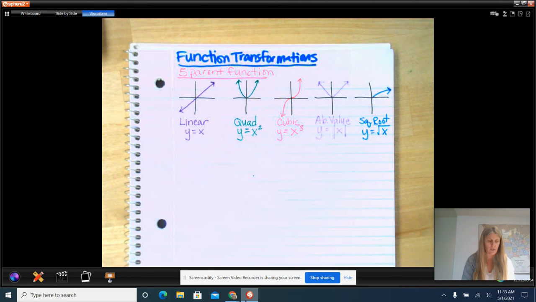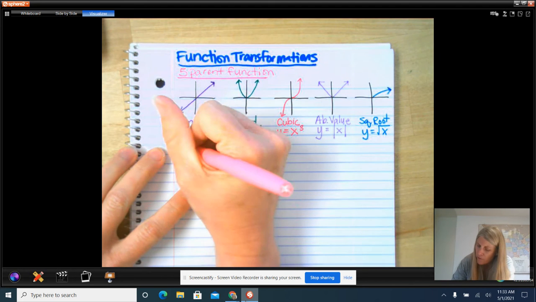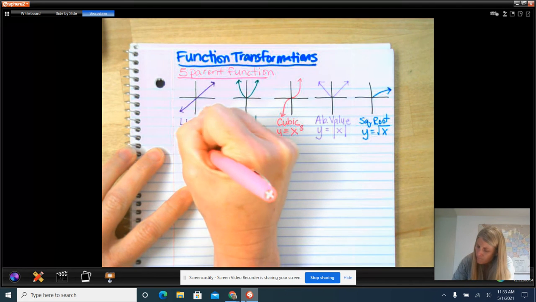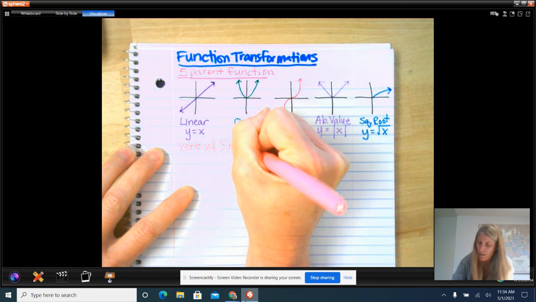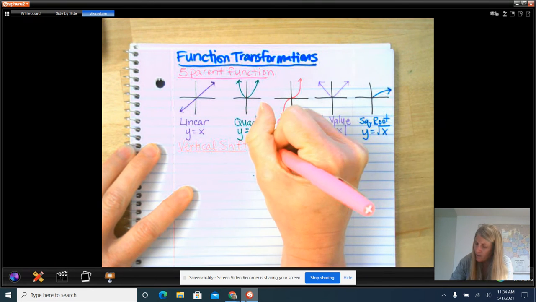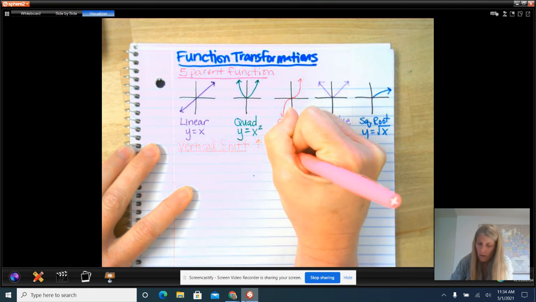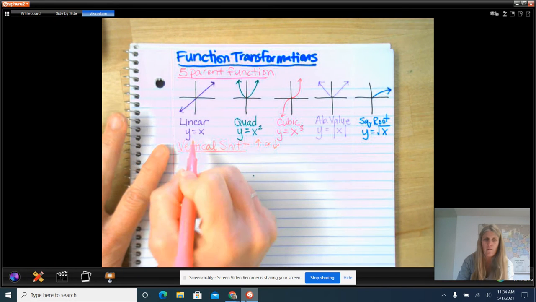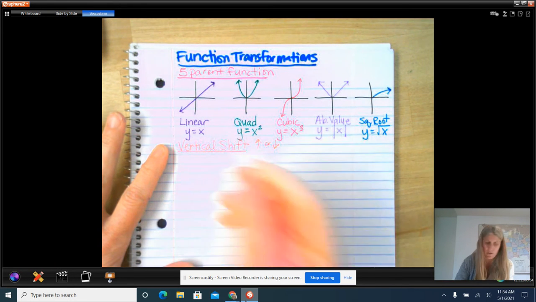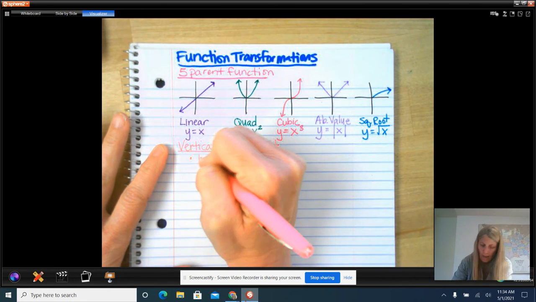Now, what we're going to do to our first one is a vertical shift. And of course, a vertical shift is a shift that goes up or down. Now, we're going to take whatever our regular function is, which we are going to call f of x.